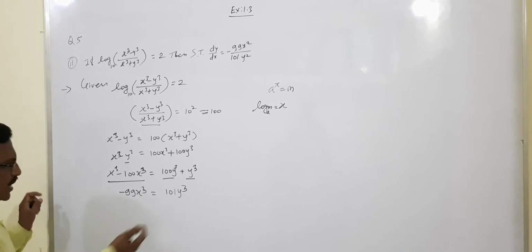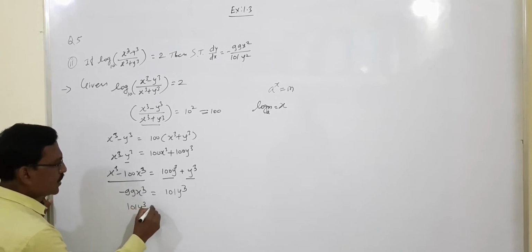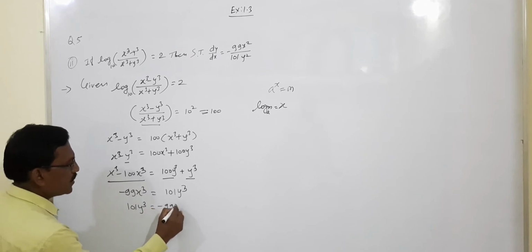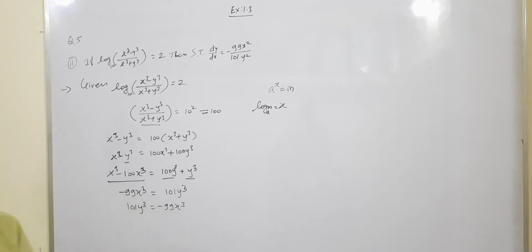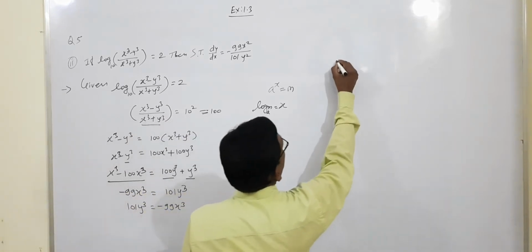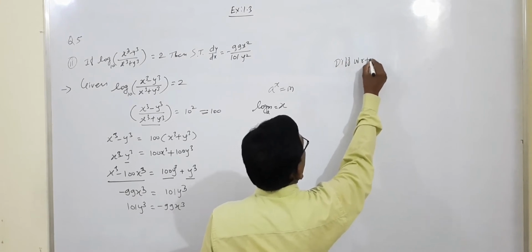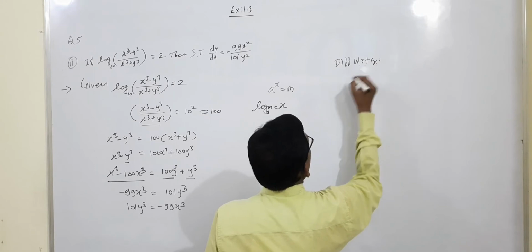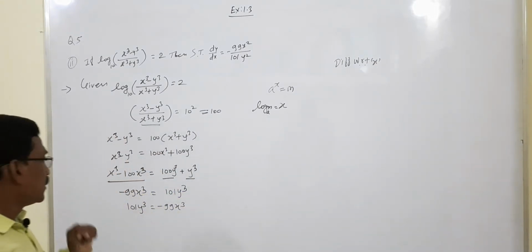Now we write it properly here. 101 y cube is equal to minus 99 x cube. Now we differentiate it with respect to x. So here 101 is a constant.